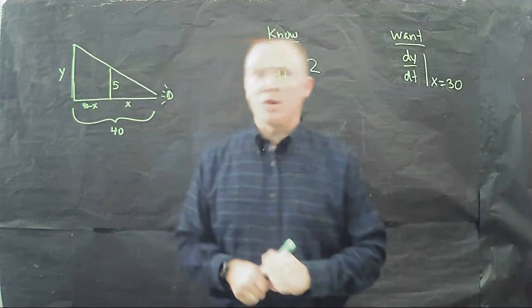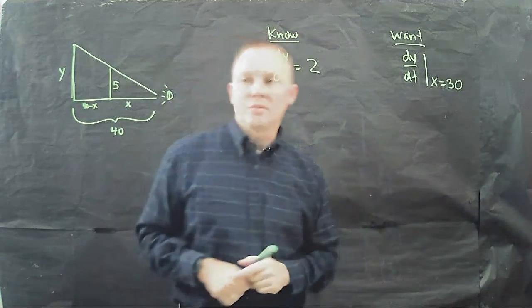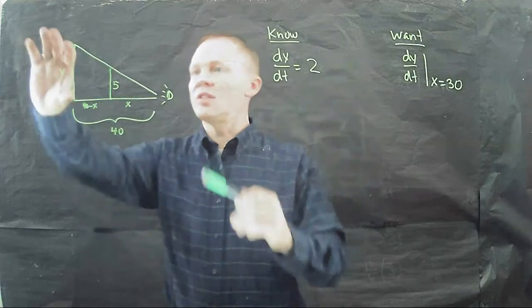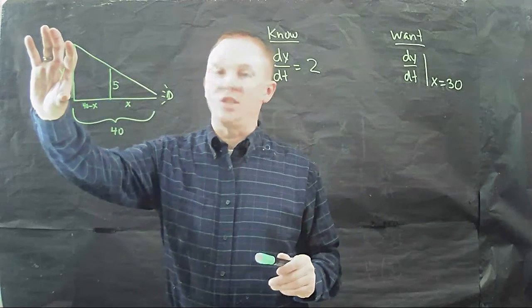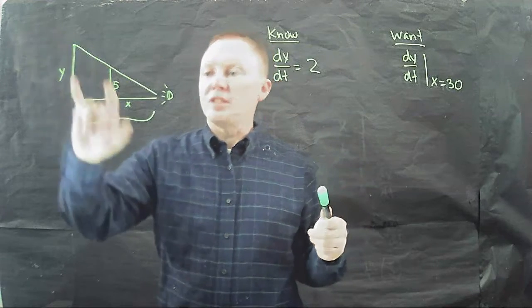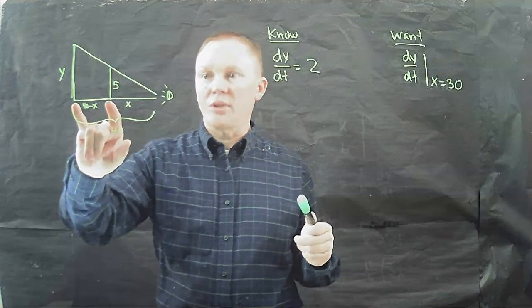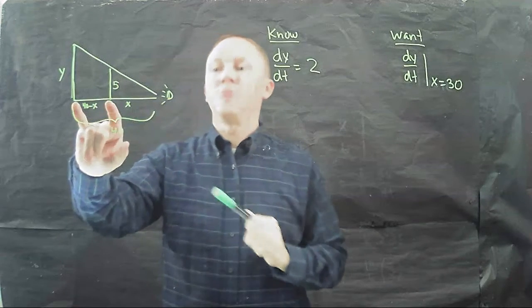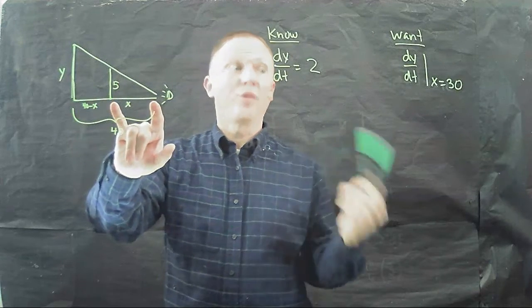Okay? So let me just say that again because I know that can be confusing. They want to know how fast this length is changing when he is 10 feet from the wall. So if he's 10 feet from the wall, which is that distance right there, that means that 40 minus x has to equal 10, which means that x has to equal 30.